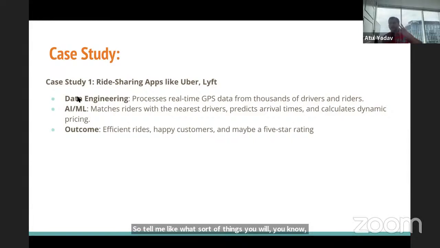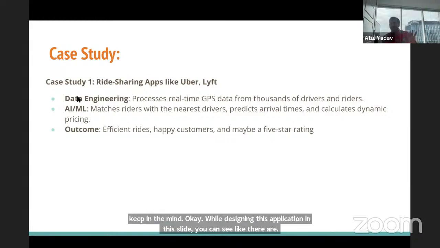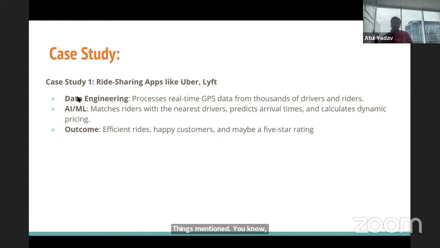In this slide you can see there are things mentioned, data engineering and AI/ML things. But I just want to know key points only, not the detailed description, like how you would start developing that application if you want to build your own Ola or Uber application.